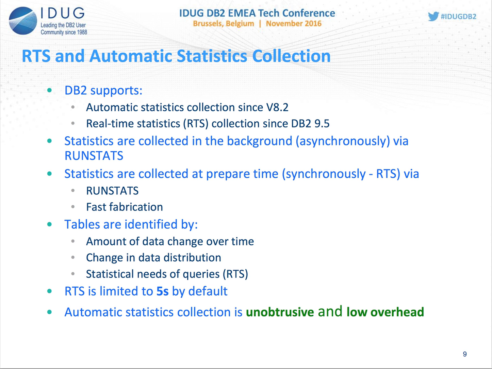It will never hold up any other application, and it won't take any locks on the table that would block any other application. It also uses the built-in utility throttling that LUW has. For most utilities, you can specify a throttle, I forget the exact syntax, and that just happens automatically for the auto runstats as well.